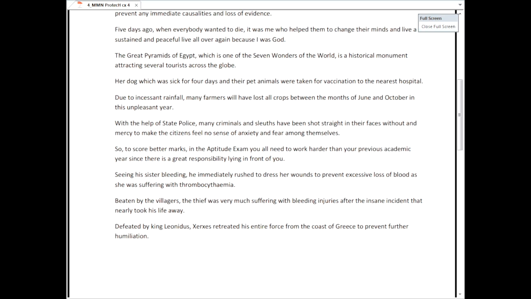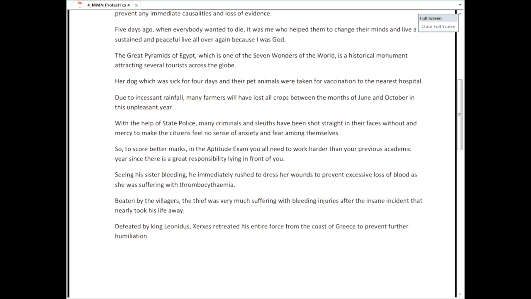Okay, and I can end here because I see "to". So "to", one verb came, "make", verb came, noun came, "citizens". Okay, so "to make the citizens". Okay, that's a segment. Okay, "feel". Okay, feel is a verb, a noun will come after the verb, sense of anxiety. What sense of anxiety? No sense of anxiety.